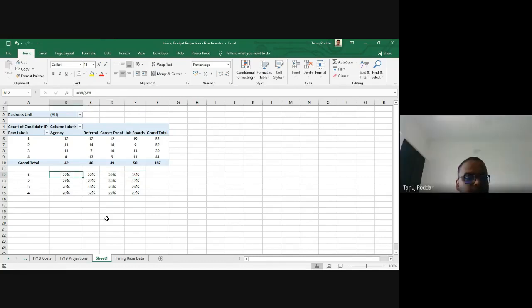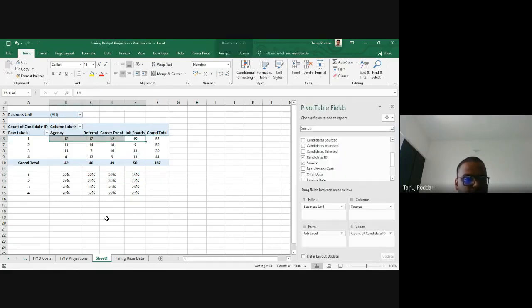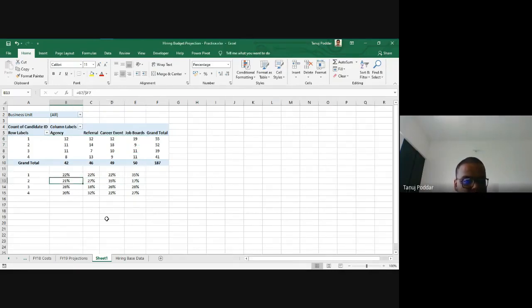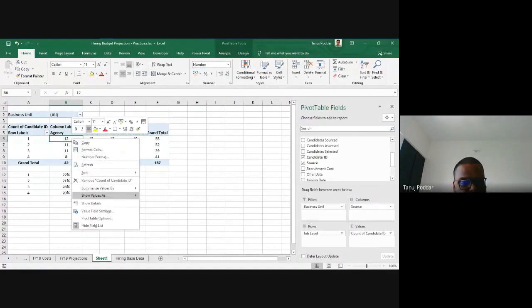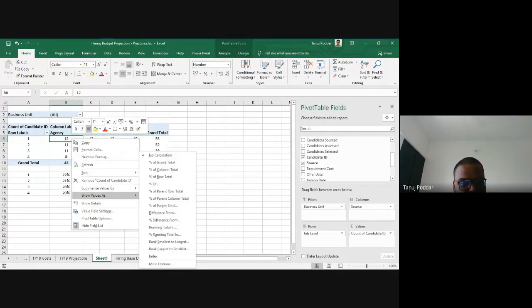Now, you understand what I'm trying to calculate here, right? Basically, out of this 55, what is the distribution between the different sources? So now we need to put these values in the table on the sheet. What we can simply do is right click, choose show value as, and show as a percentage of the row total.